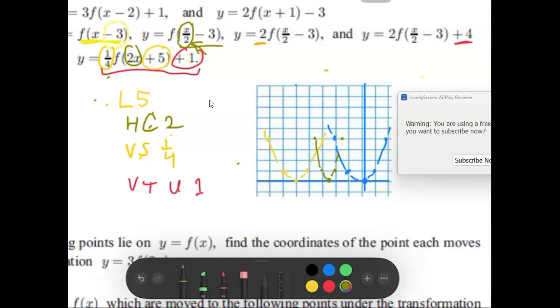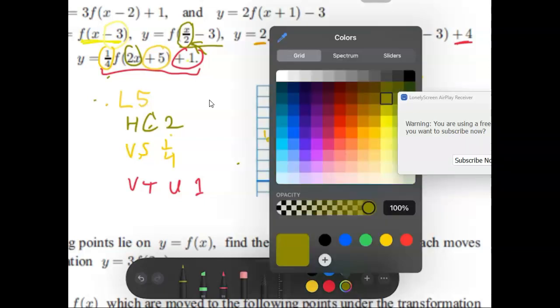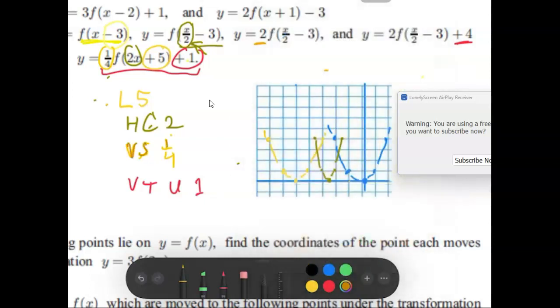So now it's very narrow. Okay, this doesn't look very orange. I wanted this to be kind of orange. Okay, vertical stretch by 1/4, which means that the thing is going to be like super small. Okay, something like that. Okay, and then finally, vertical translation up by 1.